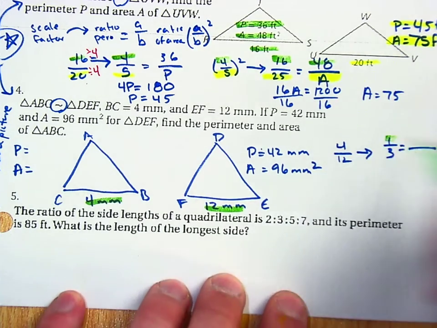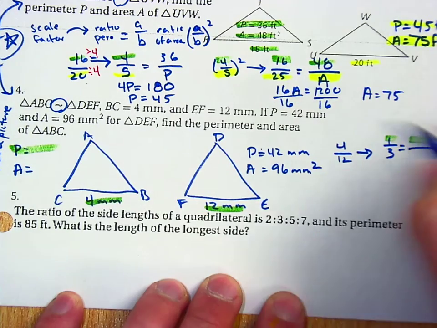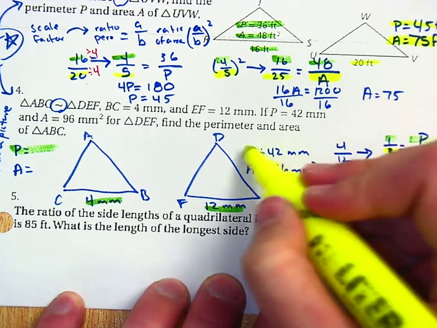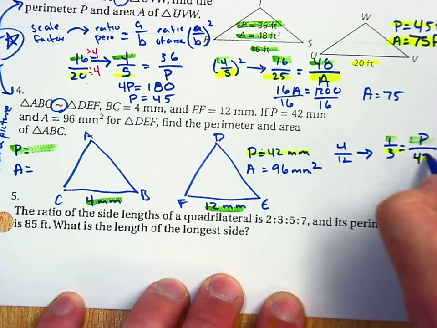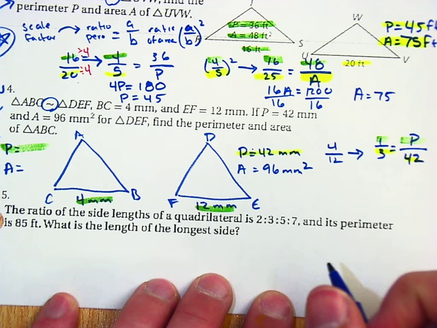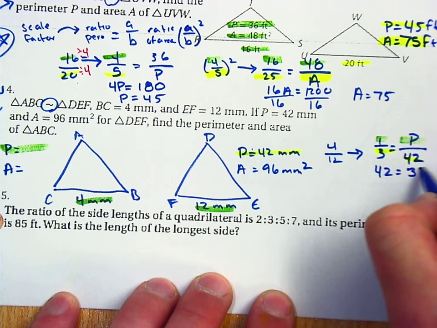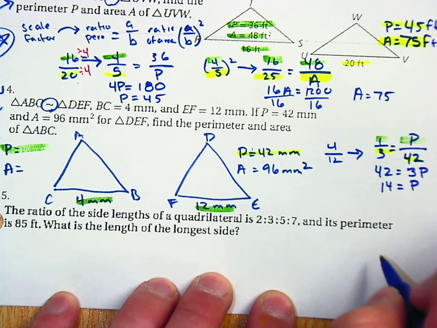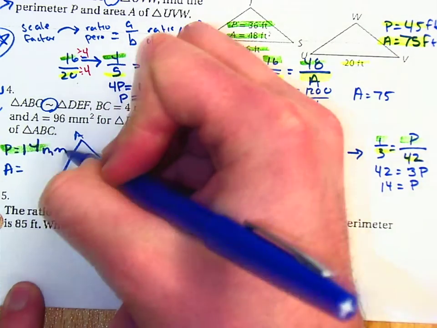The perimeter of my small, I don't know. That's my P. The perimeter of my big, though, I do know. It's 42. So we get 1/3 equals P over 42. When we cross multiply, we get 42 equals 3P, and 14 equals P. But remember, they give us units, so perimeter is actually 14 millimeters.